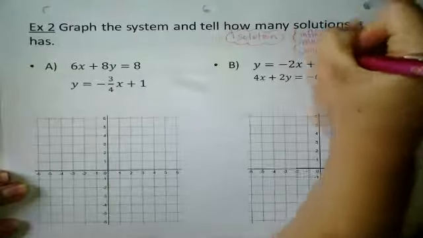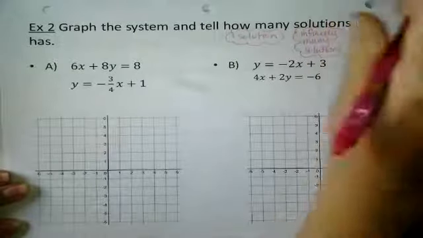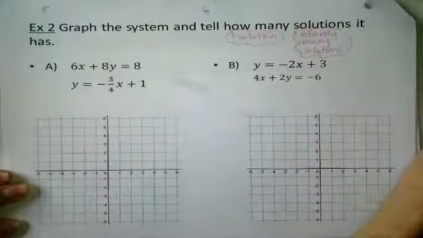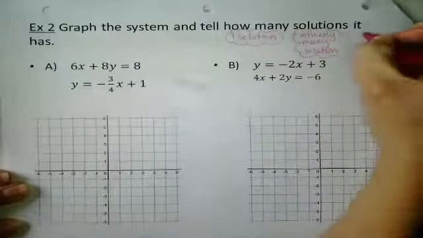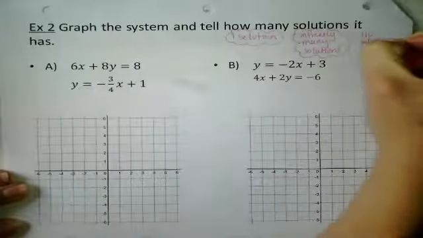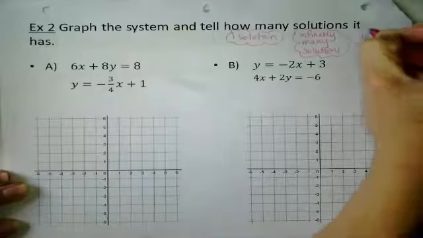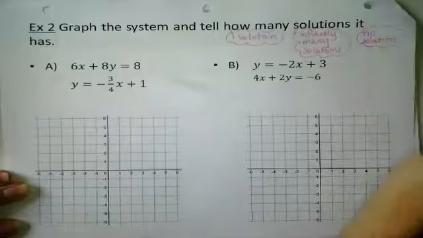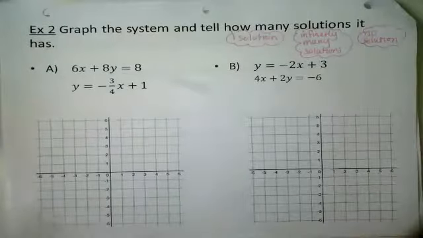If they happen to be the same line, there could be a whole lot of points in common, and there could be no solutions, if there are no points in common. So we have some options here, and we want to choose the best one.